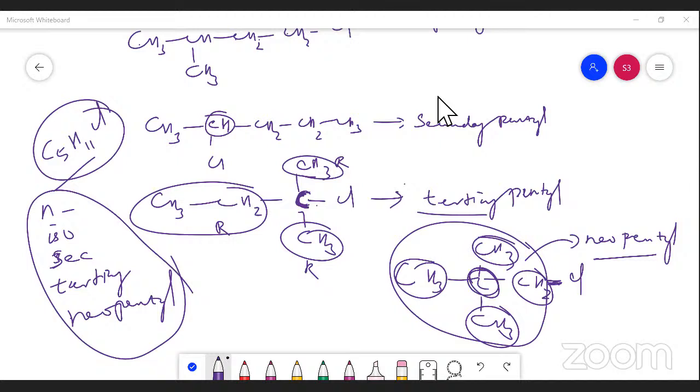Then we have completed the physical properties: the nature of the substance and the state of the substances. And what is solubility, and what are the characteristics of solubility? And the melting point and boiling point, and which substances have higher melting and boiling points. These are all the points we have studied. Please go through them very properly.